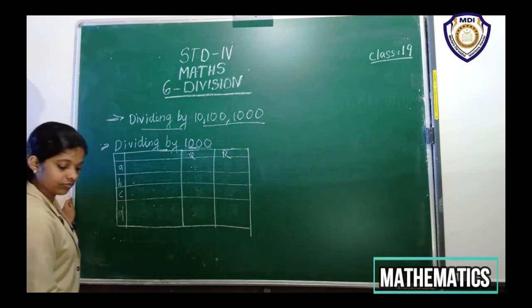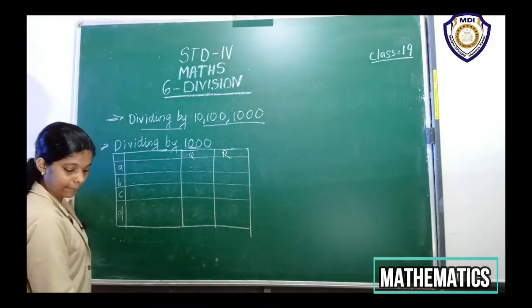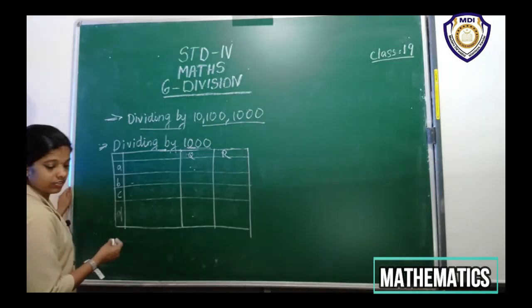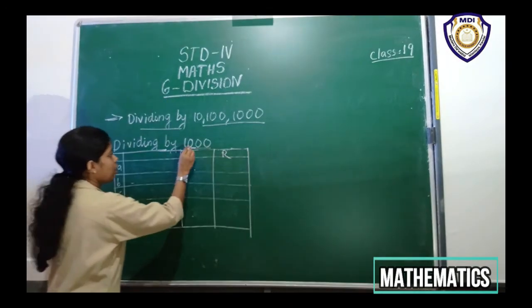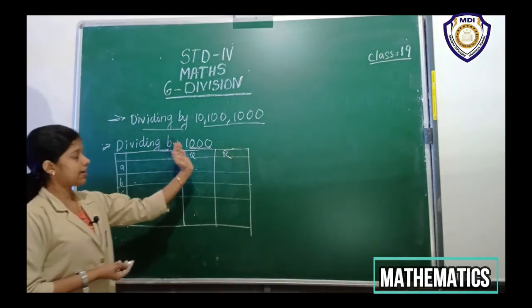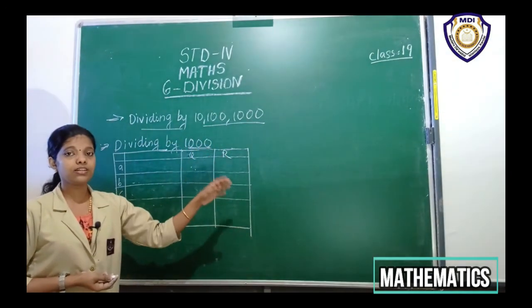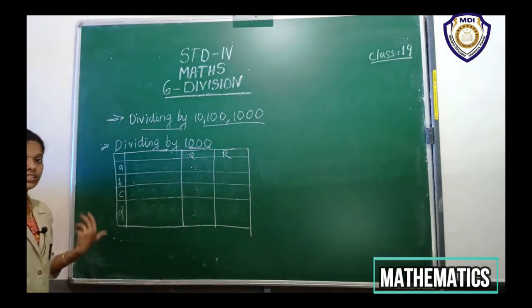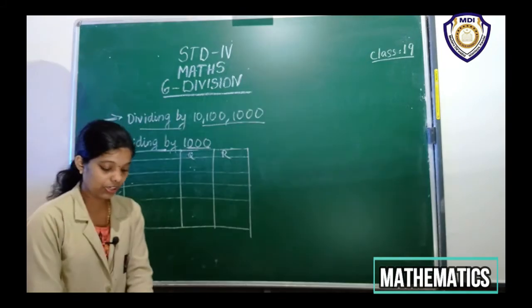In 1000, how many zeros are there? Only 3 zeros. We are taking the last 3 digits as the remainder. The remaining number is the quotient.